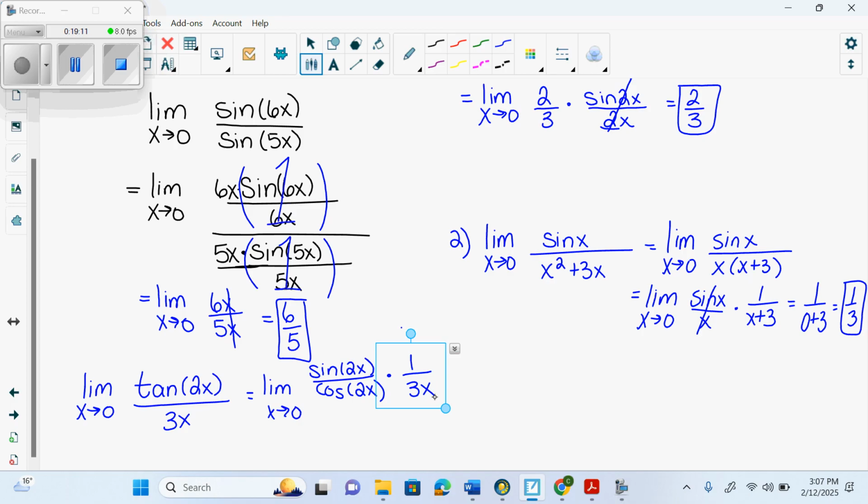So I have the x. So I could technically go and rearrange these however I so chose, right? They're all being multiplied. So I can go the limit as x goes to 0 of sine 2x over x, and then I can split that into 1 over, and make the 3 join the cos 2x.